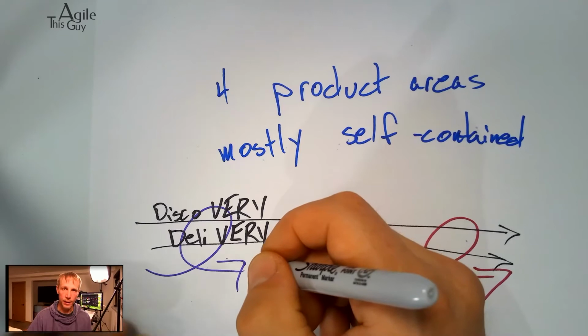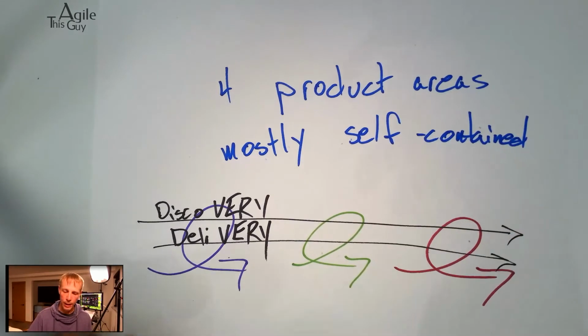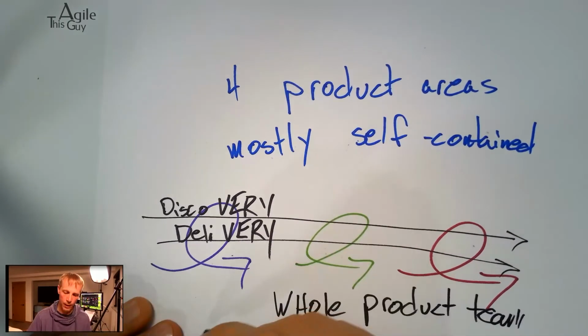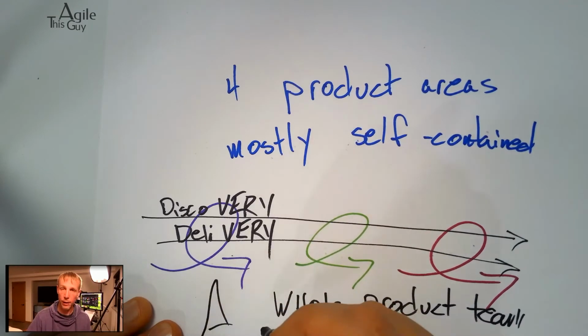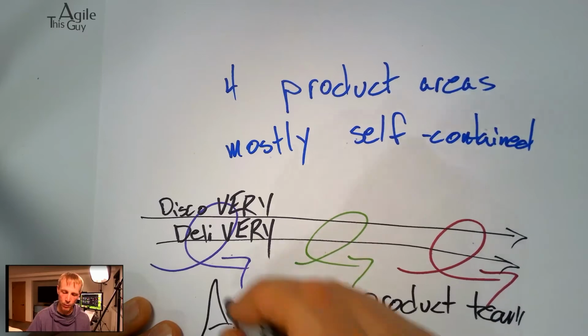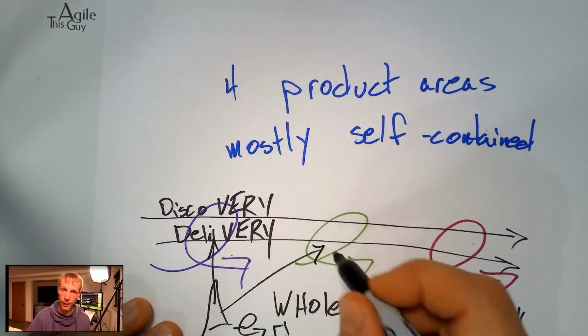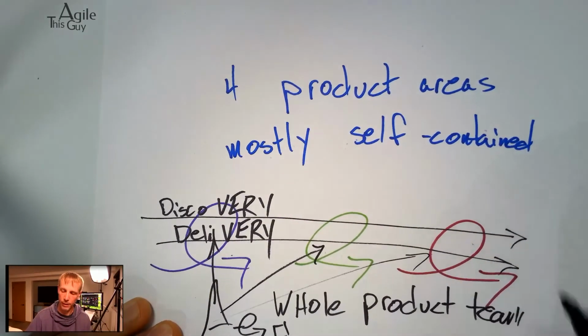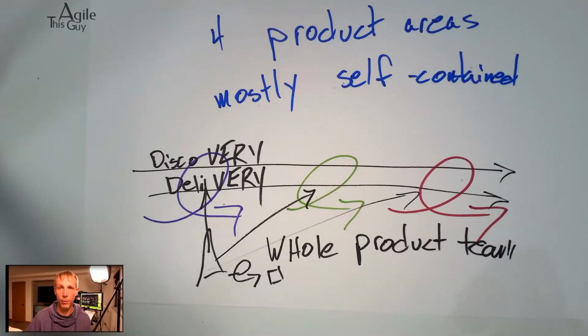Then the executive action team became the whole product team, and their product backlog, how they were thinking about value, would allow these teams to pull things from that unified product backlog into their own product area and get things done.